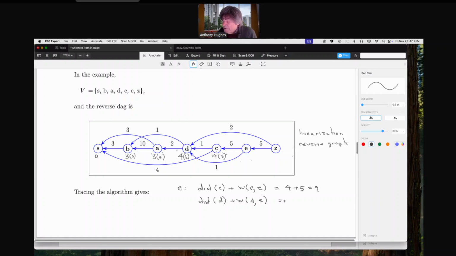The distance to D is 4, and the weight is 1, equals 5. So this wins. So this is going to be 5, and you're going back to D.